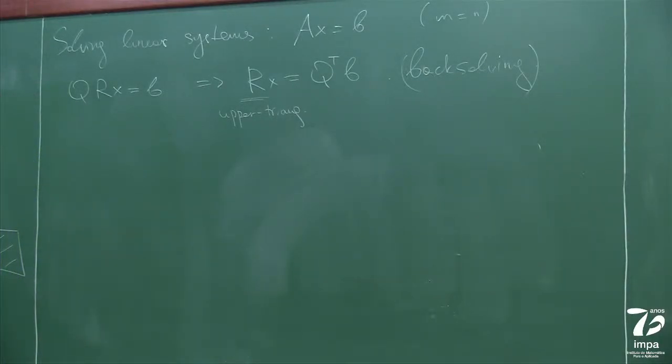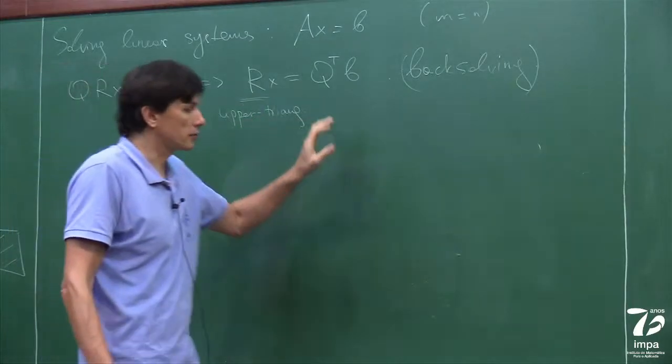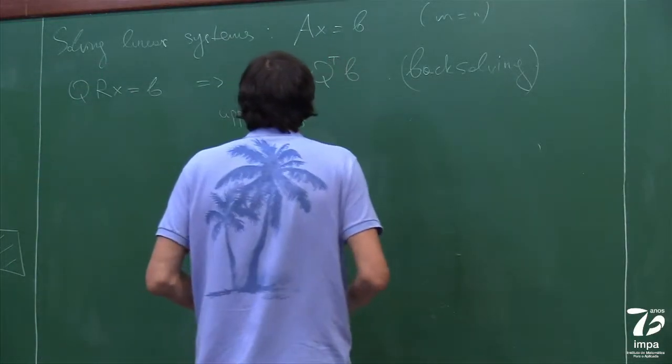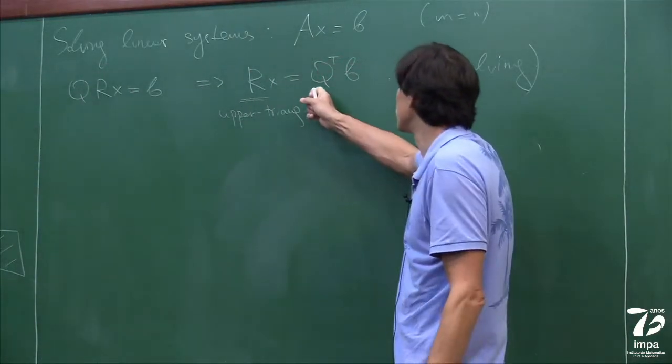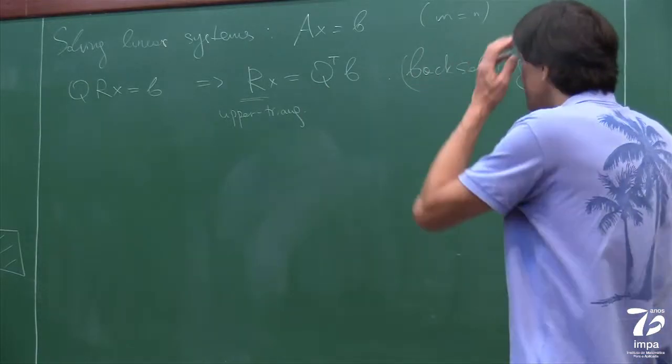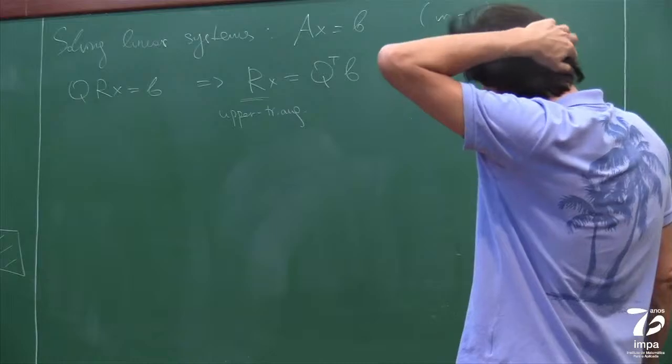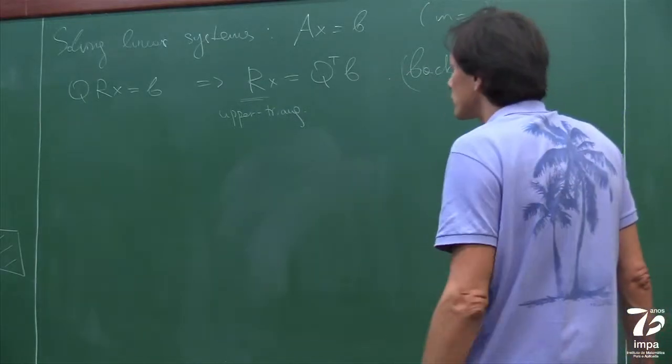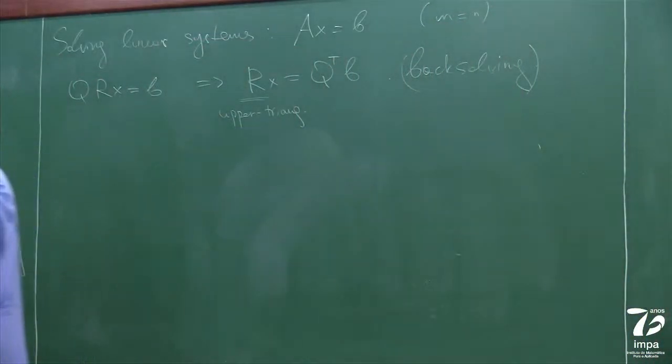So whenever you succeed in making this decomposition, you easily find the solution. And you find it very well, because Q is an orthogonal matrix, so you almost don't lose precision, at least by performing the decomposition.